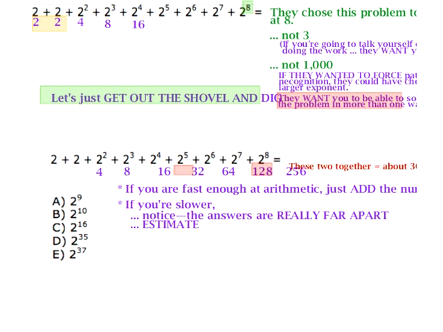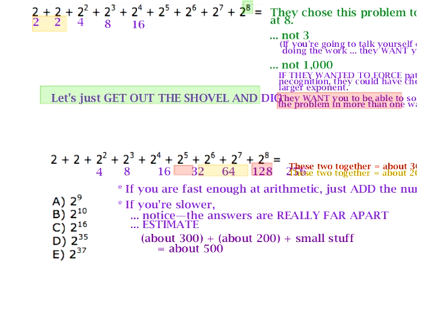And then these two together are about 200. Then the other ones are really small. So it's 300 plus 200-ish plus really tiny stuff, about 500.